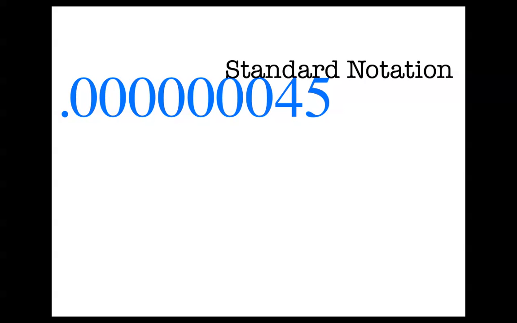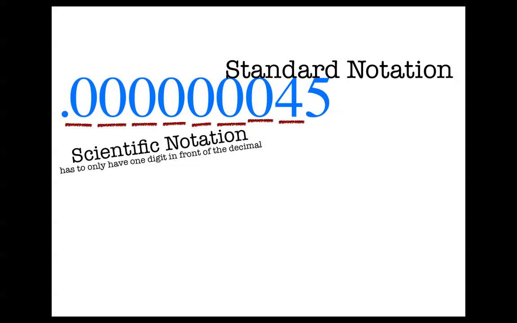Okay, what if we have little numbers, little tiny small numbers, like 0.000000045? You can still take that kind of a standard notation tiny number and count the spots all the way here because we want the decimal between the 4 and the 5 so that we can go 4.5, because remember, scientific notation has to have only 1 digit in front of the decimal, so we want that 4 and 5 to be 4.5, and then we just count how many spots we went to get to that 4 and 5 middle.